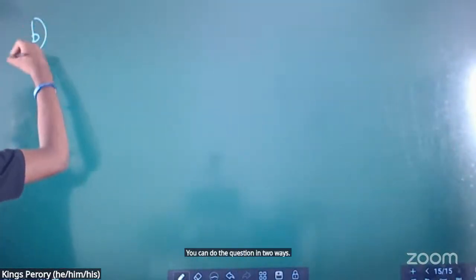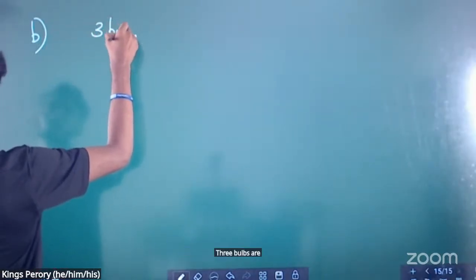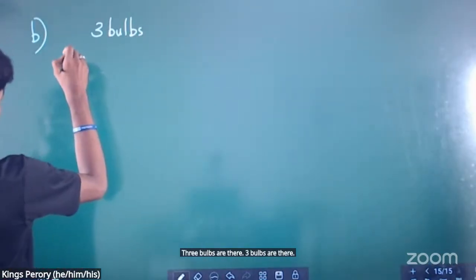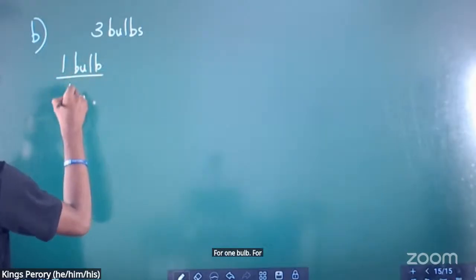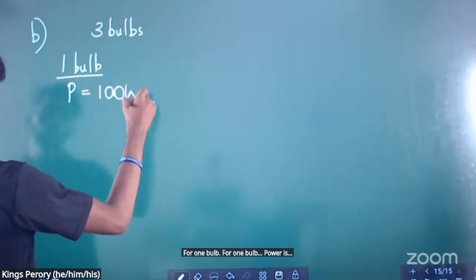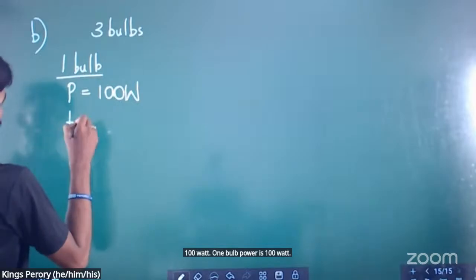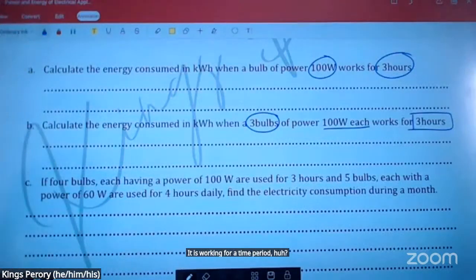You can do the question in two ways. 3 bulbs are there. For one bulb, power is 100 watt. It is working for a time period of 3 hours.